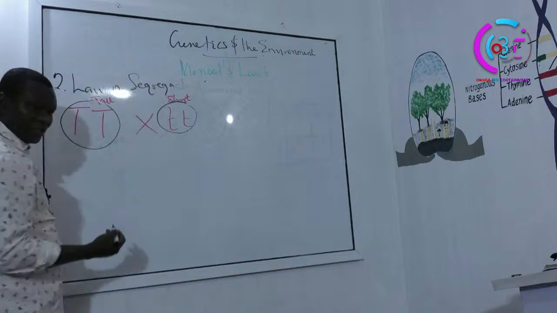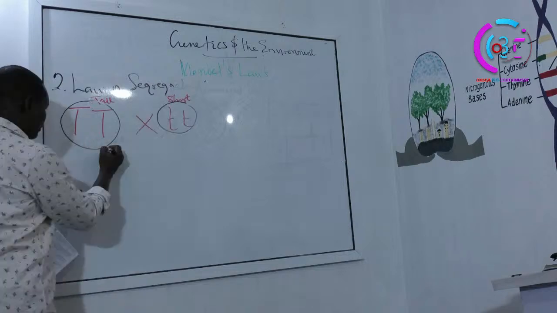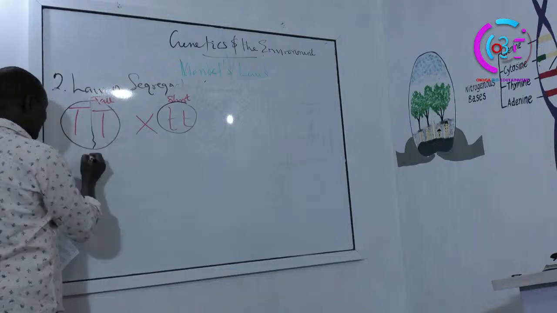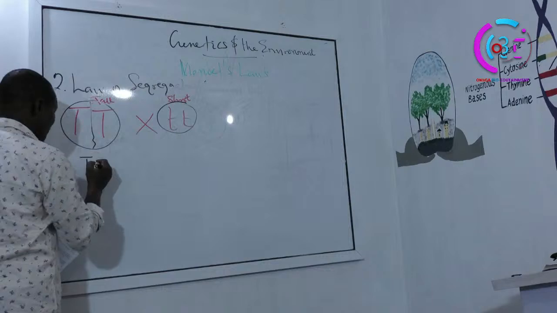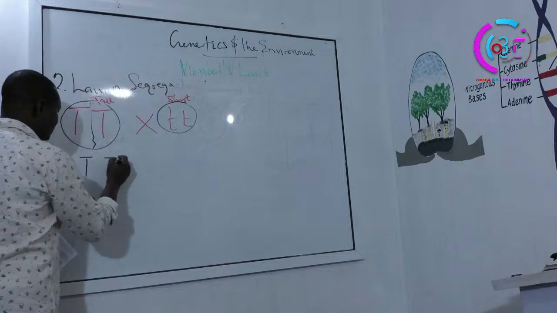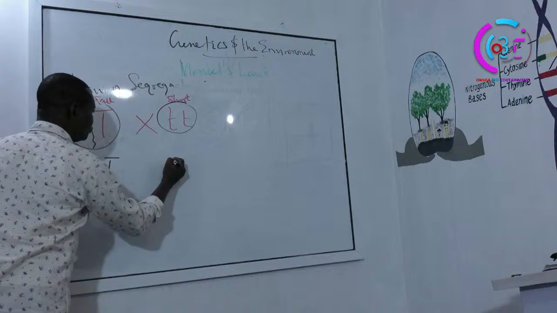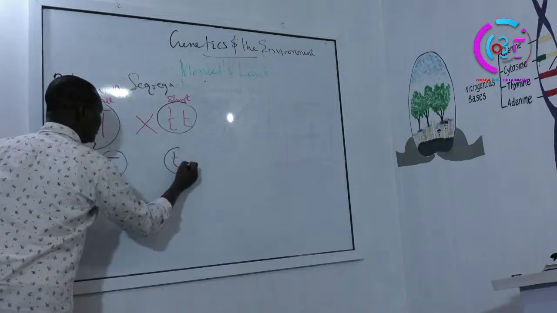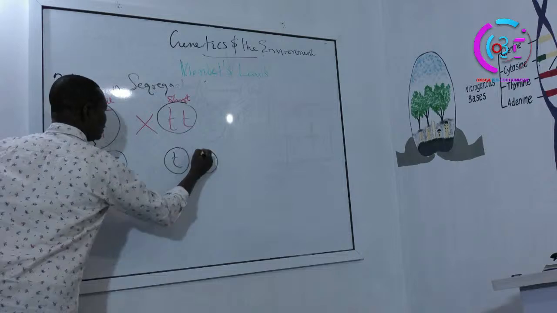So what the first law is saying is that this one will segregate. So it's going to be like this, capital, then this one too, so that you have it like this. That's why they call it germinal units.